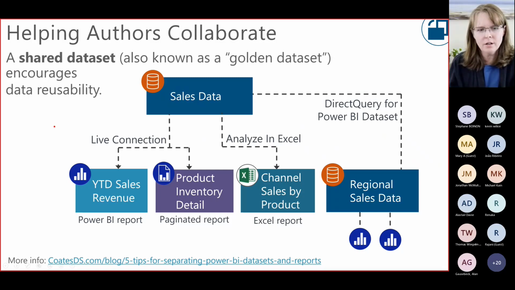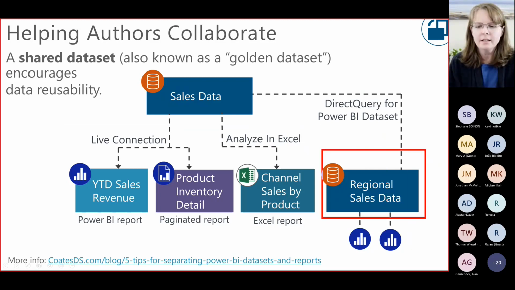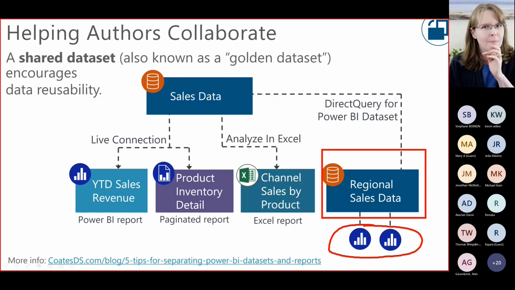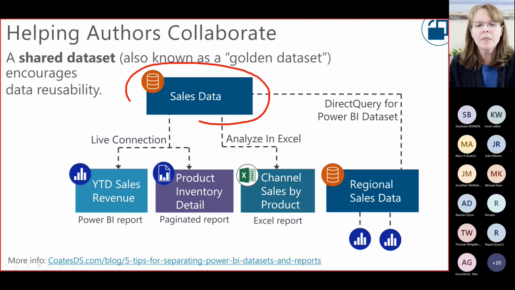So these three here are targeting report creators, and this guy here is targeting data set creators, and then reports can be created from that as well. Certainly, more dependencies that start to exist like this, that means more and more things we need to put in place to protect this original data set, change management, etc.